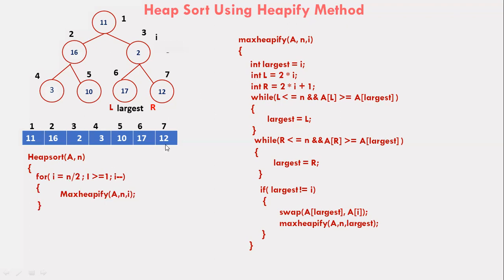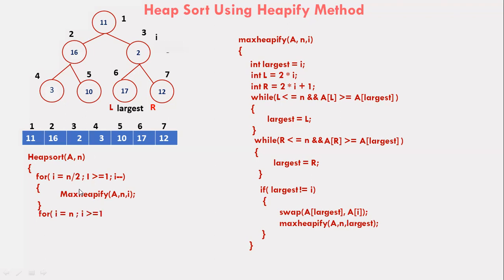So that will be passed to this node, and therefore we will be starting with 3. After that, we have to come to 2. That's the reason, after completing this max heapify, with I minus minus my I will come to 2, then to 1. Until the I value is greater than or equal to 1, we are going to build. This is the method we are going to use for building the max heap.